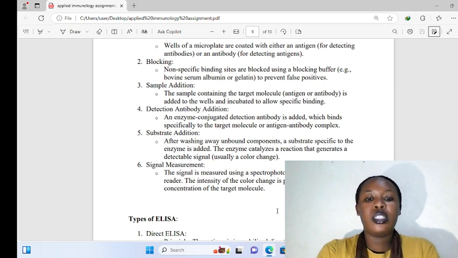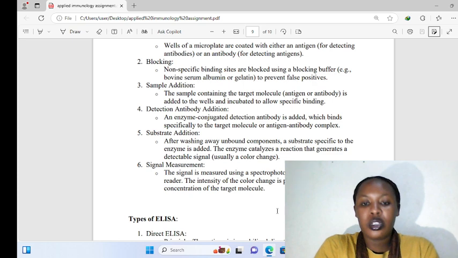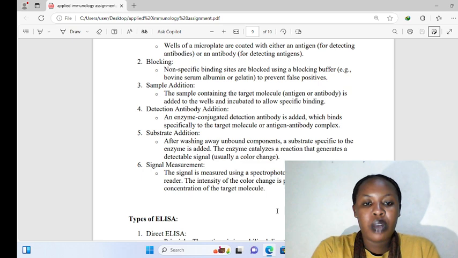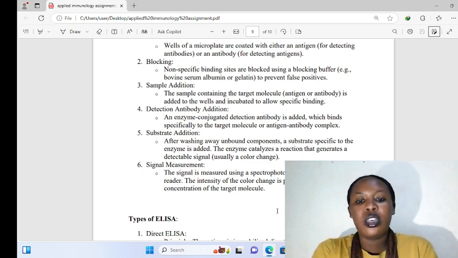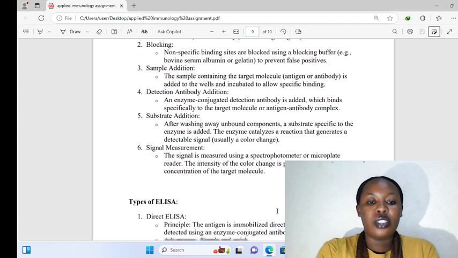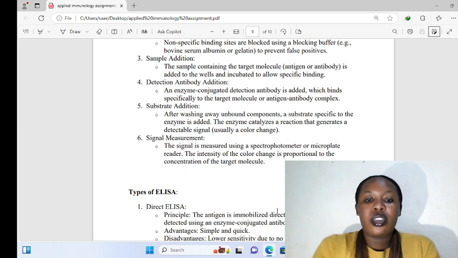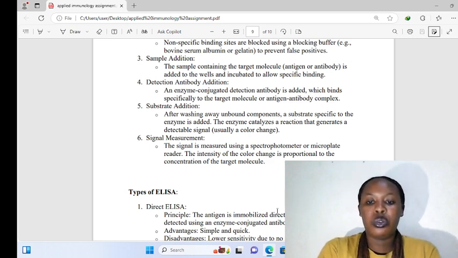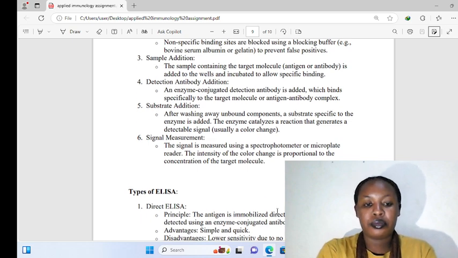In blocking, non-specific binding sites are blocked using a blocking buffer, for example bovine serum albumin or casein, to prevent false positive results. Thirdly is sample addition. The sample containing the target molecule, antigen or antibody, is added to the well and incubated to allow specific binding, meaning to allow reaction between the antigen and the antibody.